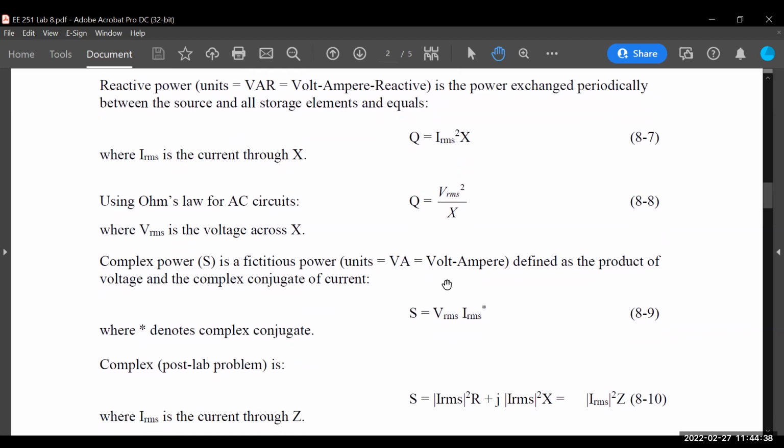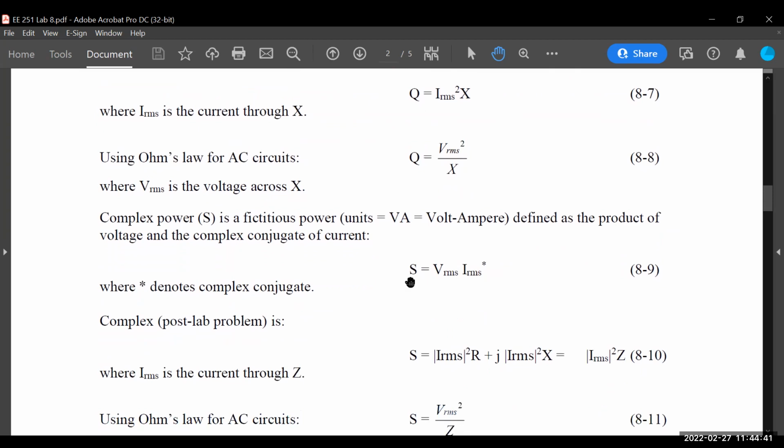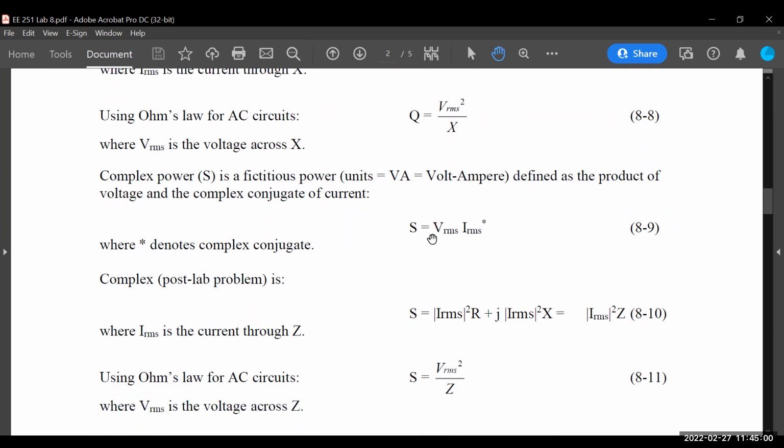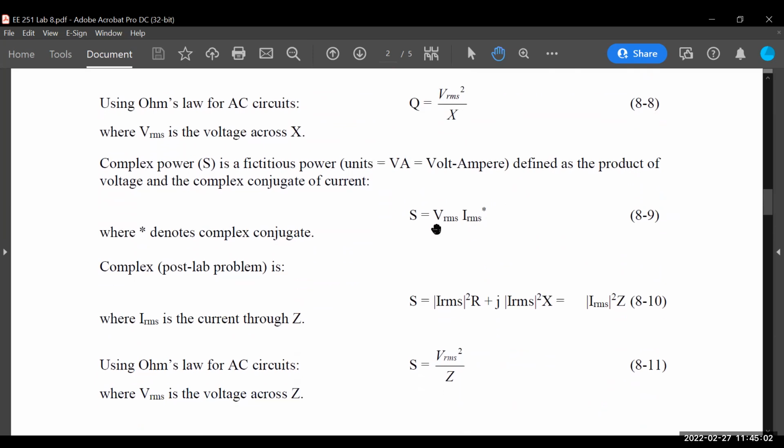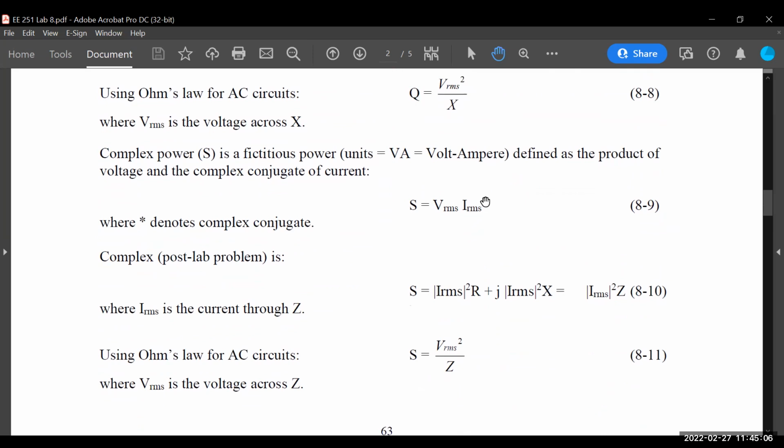Complex power is the total complex power, meaning the sum of the real power and the imaginary reactive power. S is half VI asterisk. Here it gives you the equation, which is V RMS times I RMS asterisk.